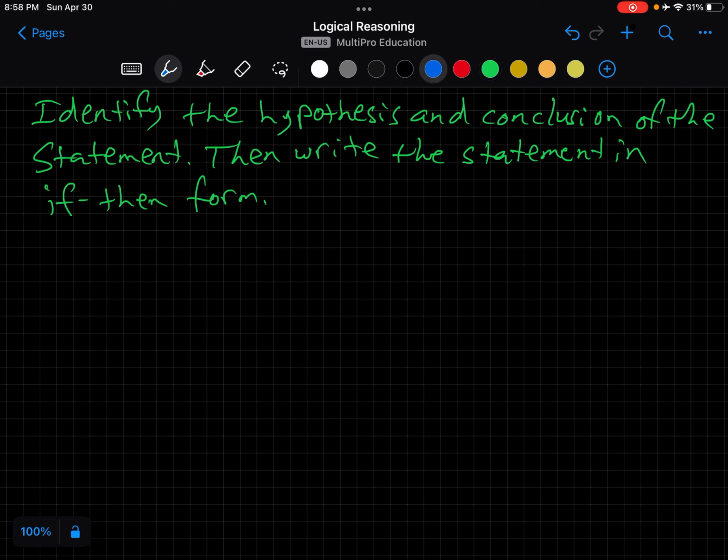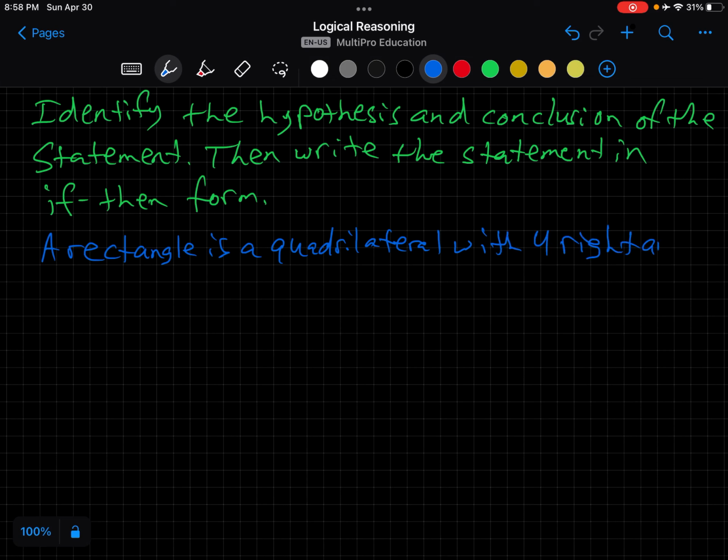Okay, so we have: a rectangle is a quadrilateral with 4 right angles.